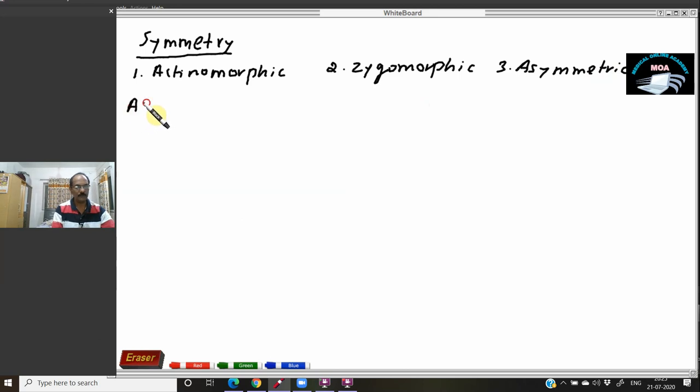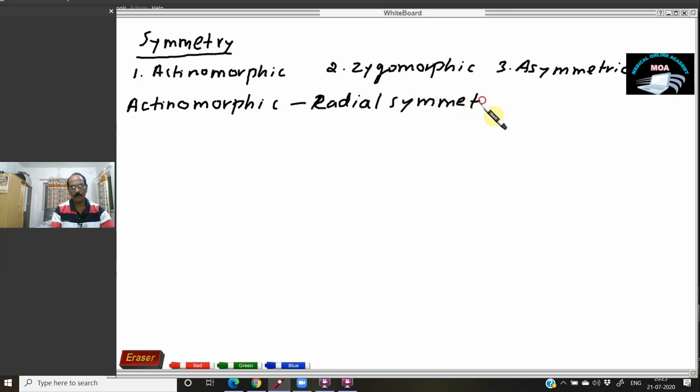So what is an actinomorphic flower? If a flower is actinomorphic, it shows radial symmetry, which is also studied in the animal kingdom. Suppose a flower has a circular shape.